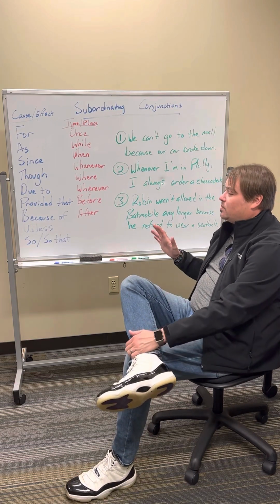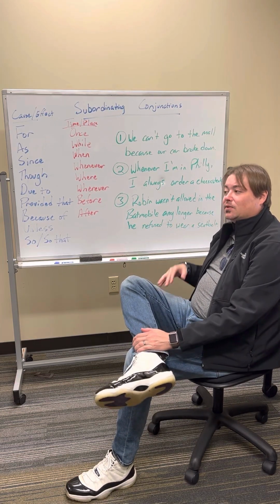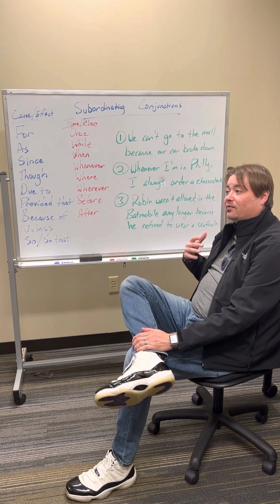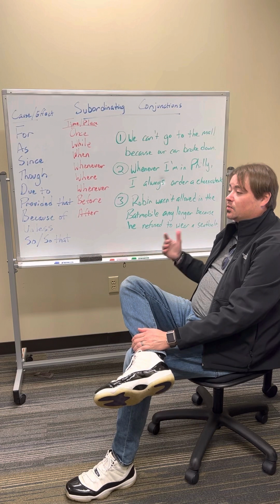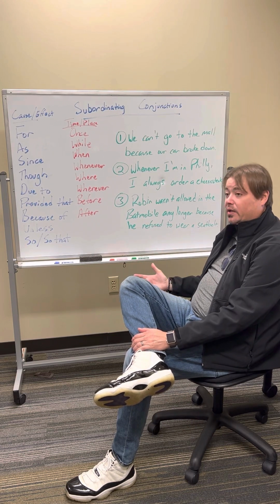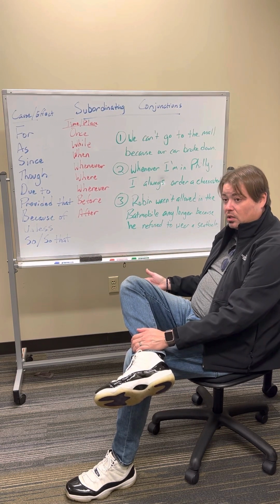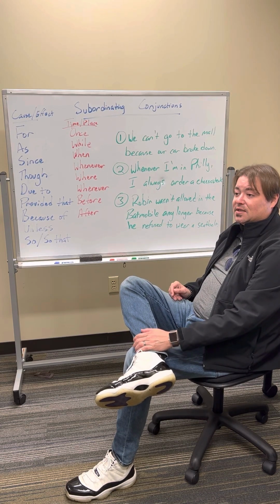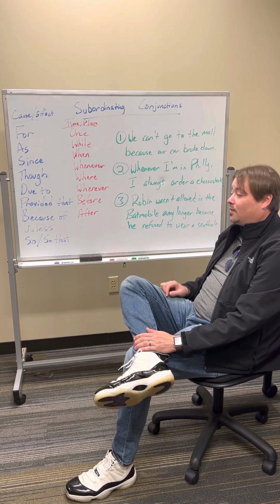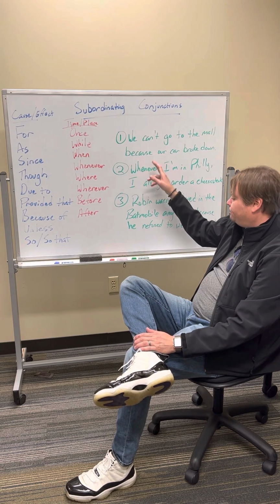And you can see one of the big differences is those coordinating conjunctions are going to have a comma, and then their conjunction is going to be in the middle. Subordinating conjunctions, there's not always a comma, it's not always in the middle. So you have to really be on top of examining these to make sure you're doing the right thing. So let's take a look at number one.